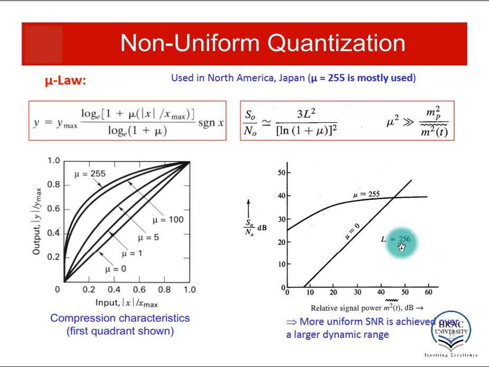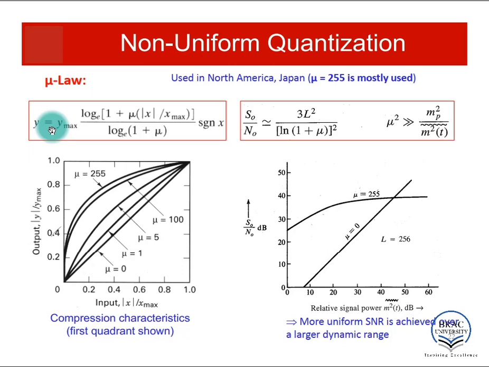So how can we use mu law? In the case of mu law, let's say x is our input and y is our output. One thing to remember, we are using this mu law after the sampling process. So at first we will sample the signal and then we will apply this mu law to each of these samples.